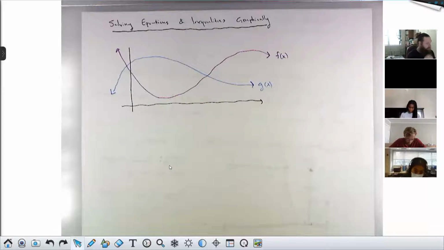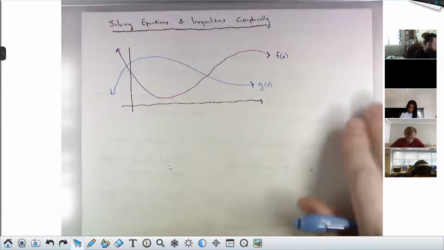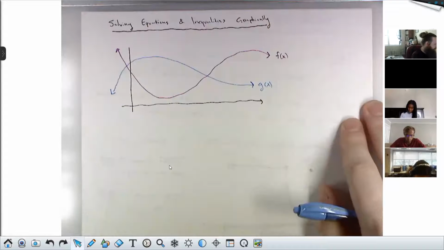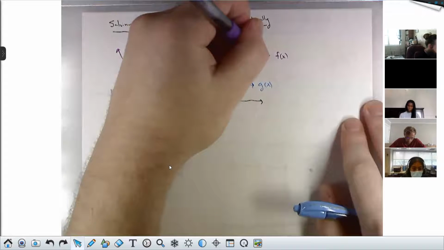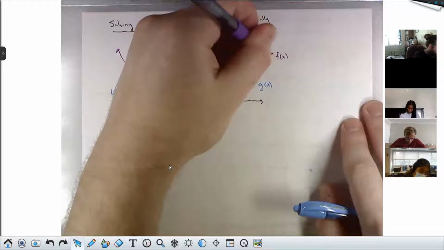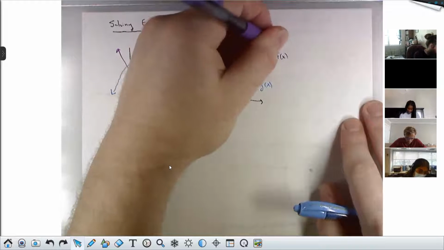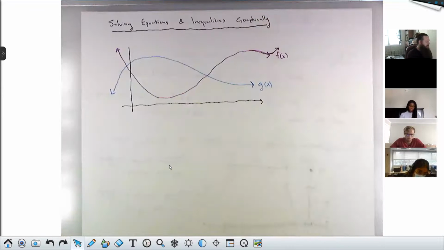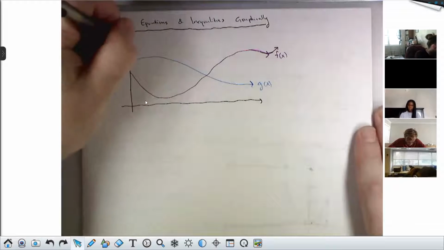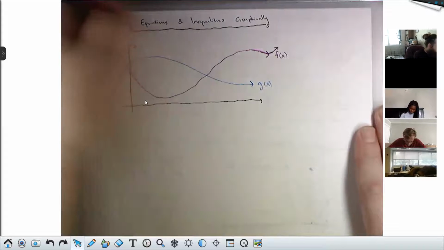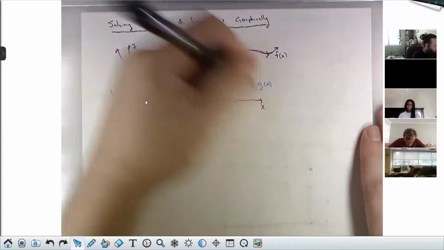Assuming that they don't do anything weird after this, let me send this guy back up so we don't have to worry about them crossing again. We can compare f and g at a bunch of different x values. And that comparison is going to turn out to be the idea that you need in order to solve an inequality.